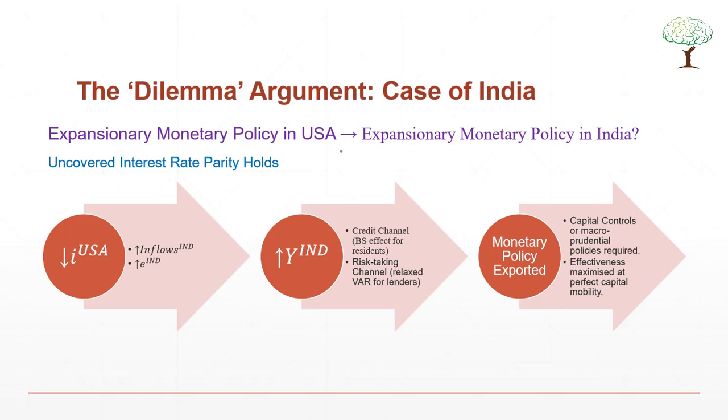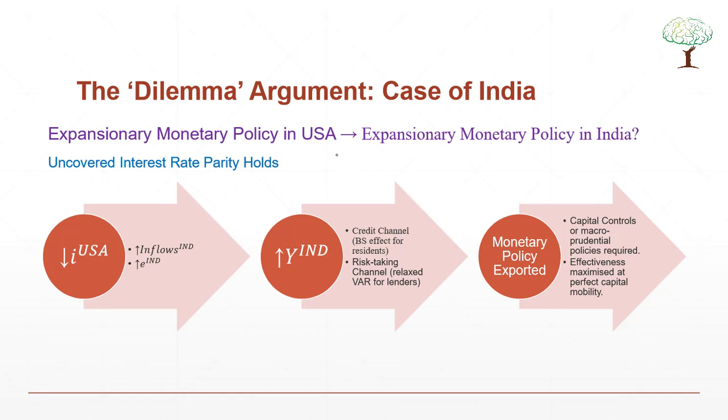But let us come to recent literature that has also brought in an additional dimension where the case for a dilemma is there. We discussed the trilemma, where we said that of the three macroeconomic objectives, you cannot achieve all three.